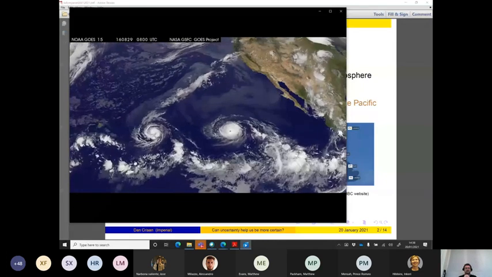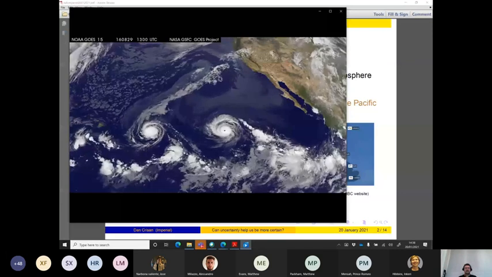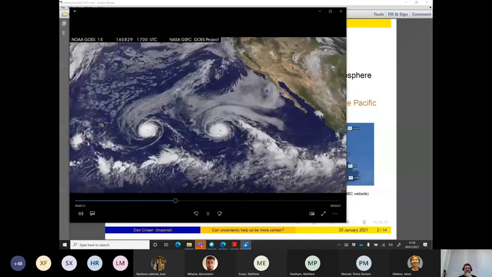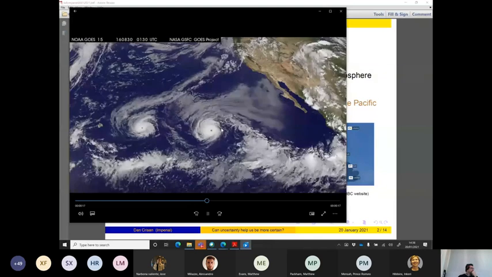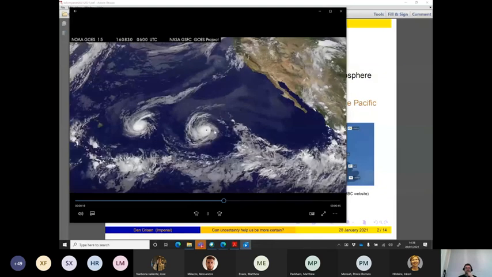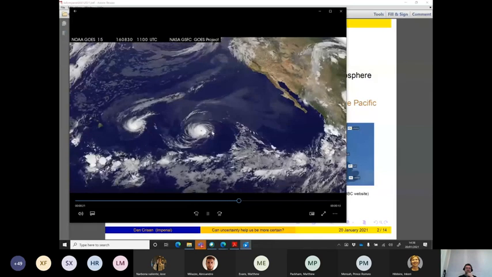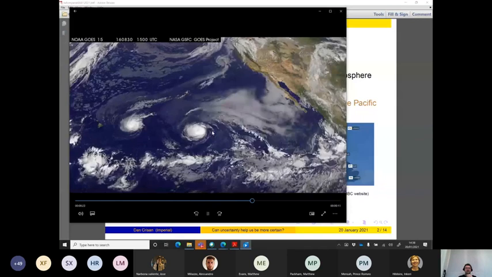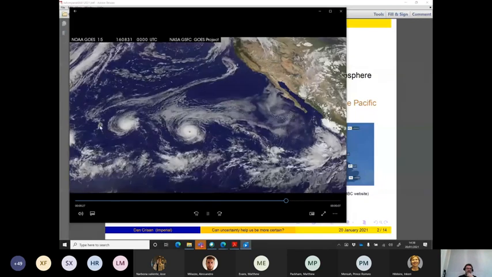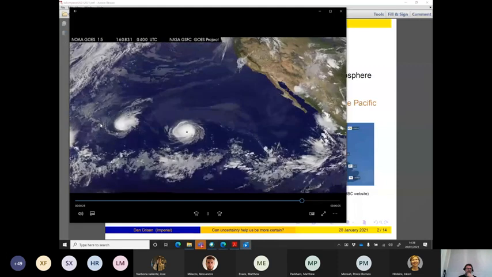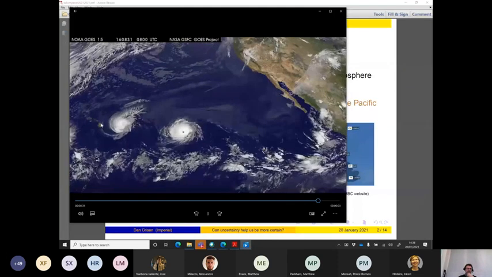This imagery shows two hurricanes. You can see them in here. They are called Lester and Madeleine. This happened in 2016 between the 31st of August and the 2nd of September. And you might be able to see here this small green dot, and this is Hawaii.